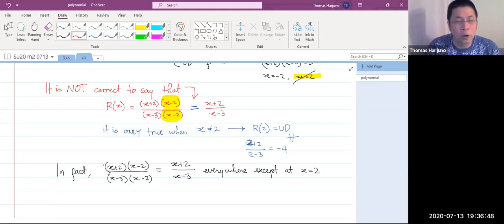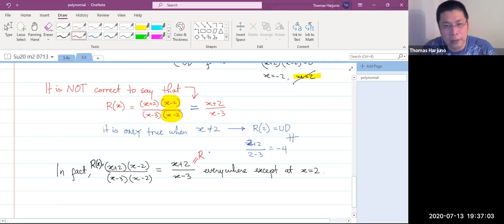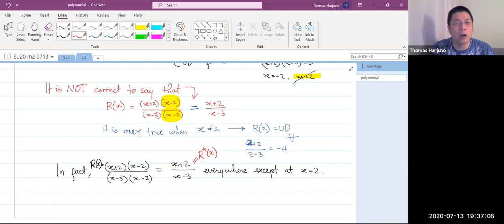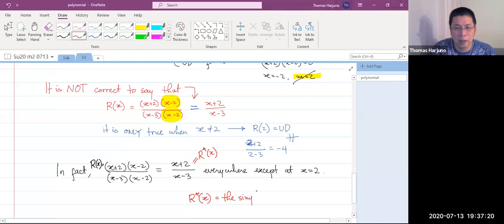From now on, what we have here, I will call the original rational function, right? Now the simplified one, I will call R star of x. So basically, I want to say that R star of x is the simplified version of R(x).